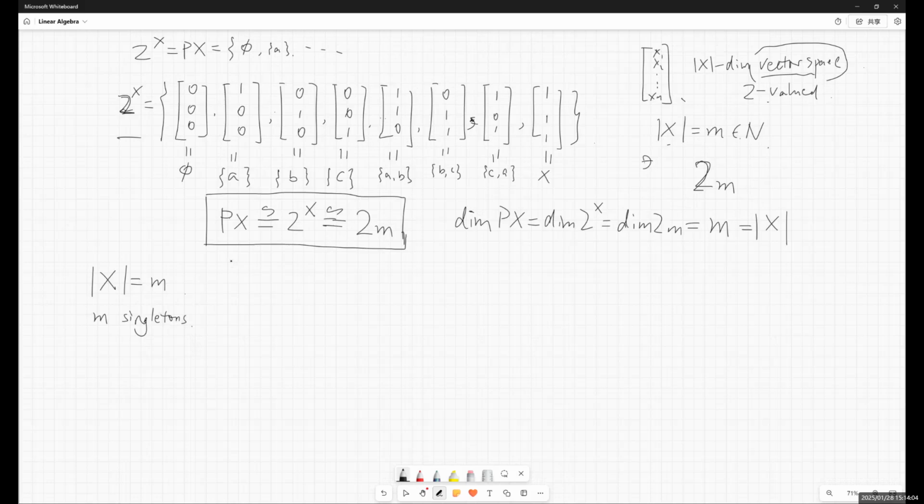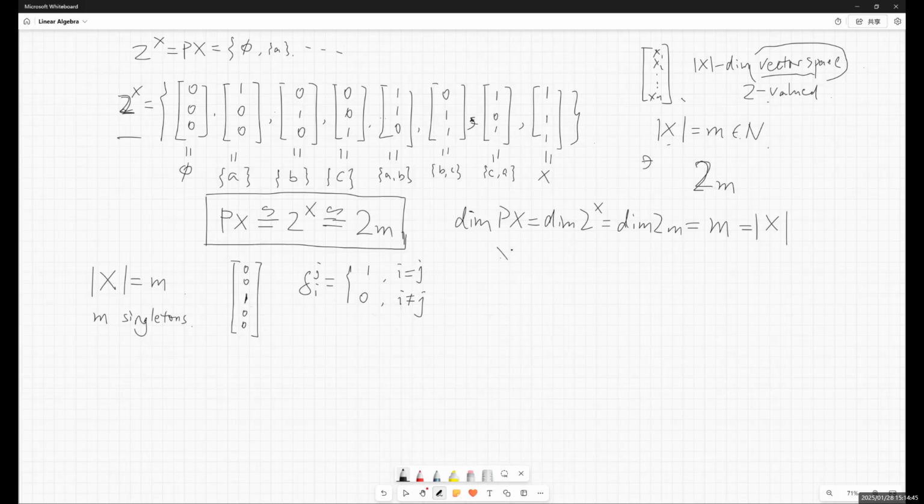And the singleton is represented by a vector with only one non-zero element. So formally we can denote it using a Kronecker delta: when i equals j it is 1, otherwise it's 0.